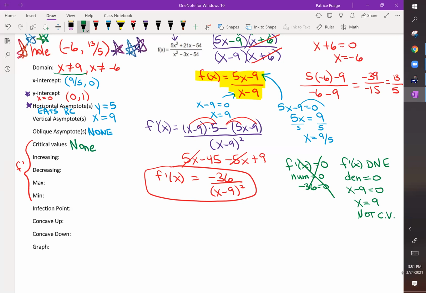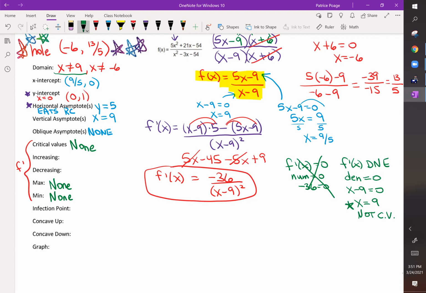And if there's no critical values, what else do you know? No min and max. That's right. There's no max or min, because critical value is the only place those could happen. But for increasing, decreasing, we still need to put 9 on our number line because it appeared, it's important.